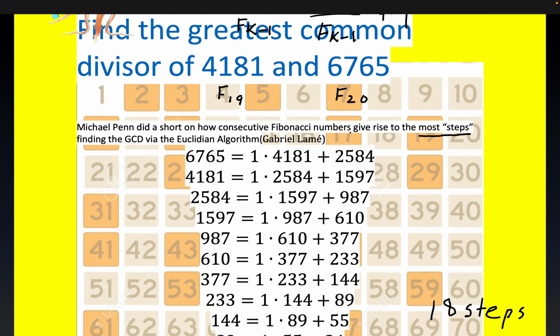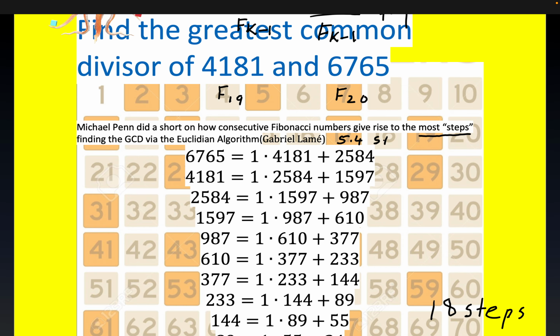It has 4 digits, and so he claimed that there would be no more steps than 5 times the number of digits of the smallest number involved. Now in this case, the distinction's blurred just a little bit because both of the numbers have 4 digits, but in general it would be 5 times 4, no more than this many steps.